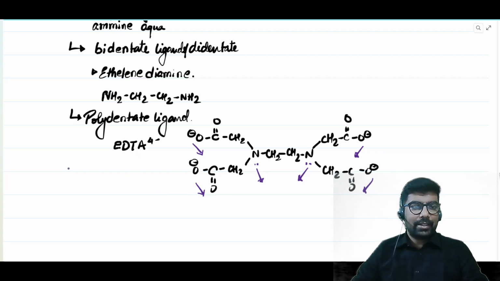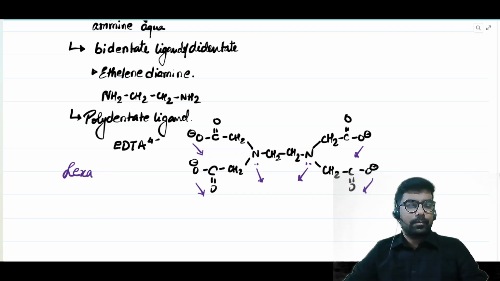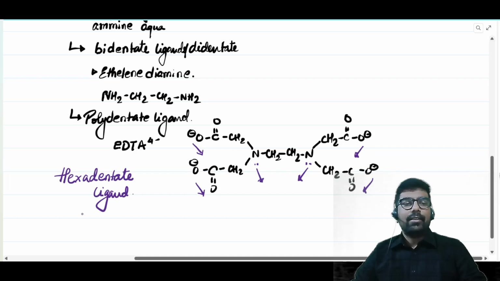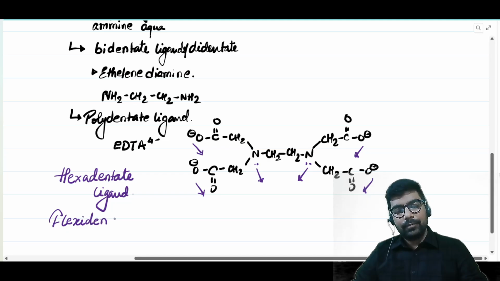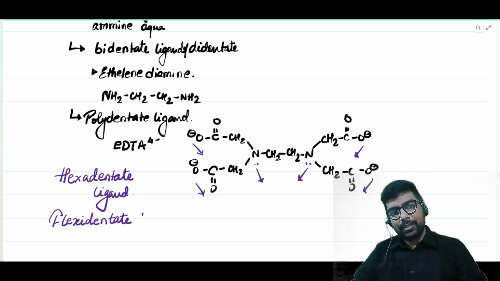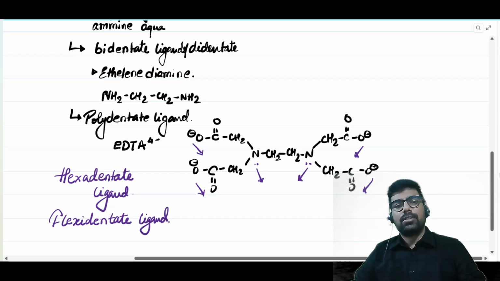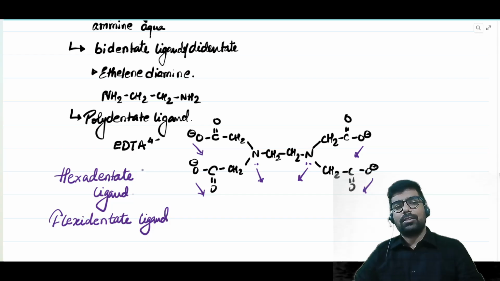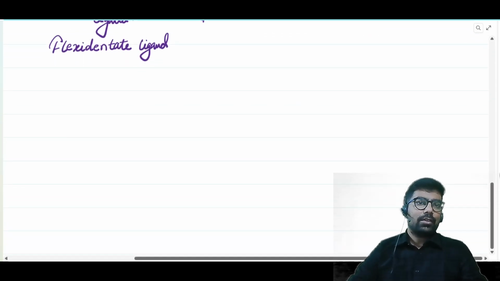So it was a hexadentate ligand, and it was also a flexidentate ligand, right? Because it does not have to use all 6 donor sites, it can use 4 also, something like that we discussed.